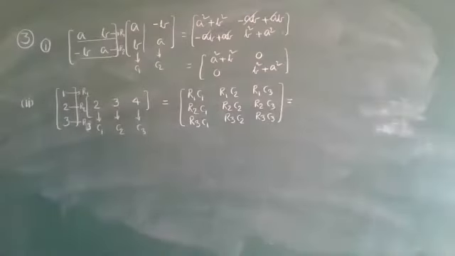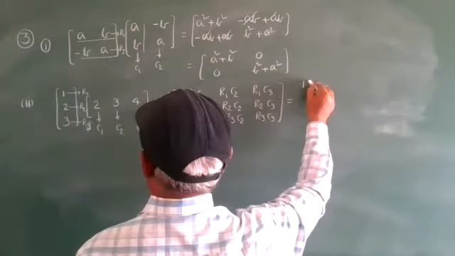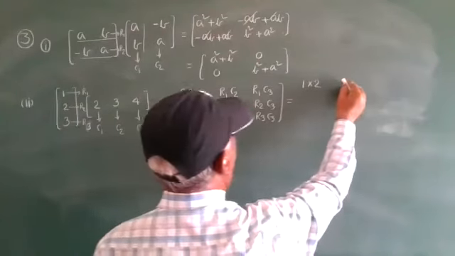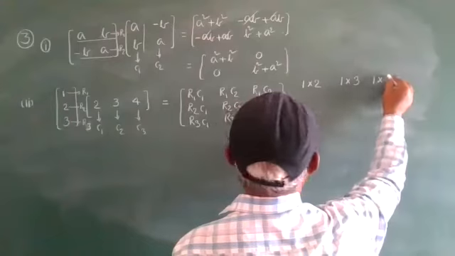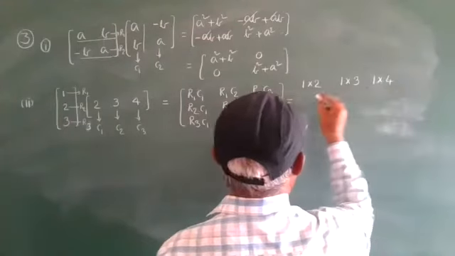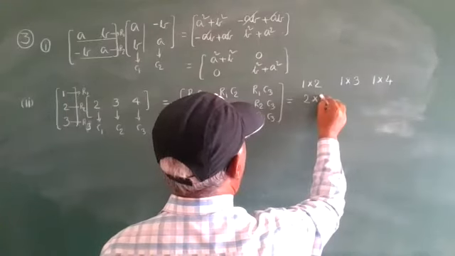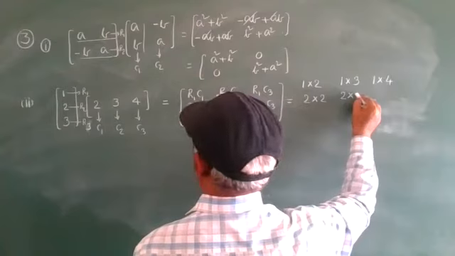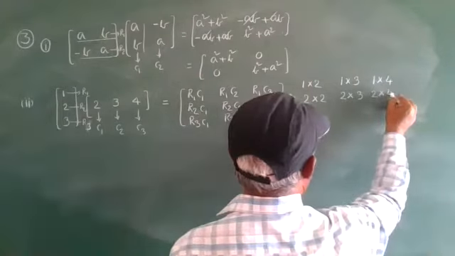Row to columns multiplication. R1 is 1, C1 is 2. Next R1 is 1, C2 is 3. R1 is 1, C3 is 4. Next, R2 is 2 with C1 is 2, R2 is 2 with C2 is 3, R2 is 2 with C3 is 4.